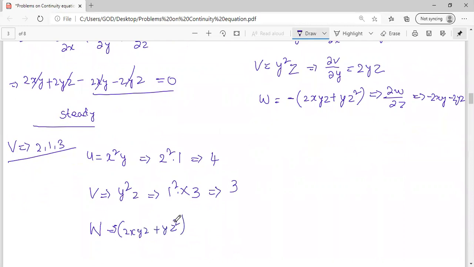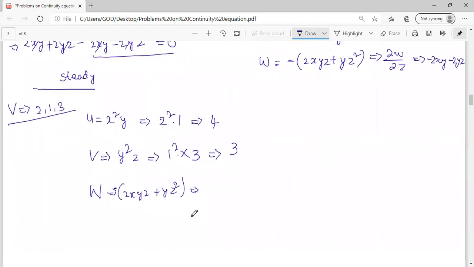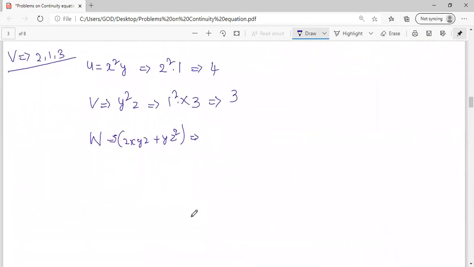So if we substitute the variables in the w component at 2 comma 1 comma 3, it comes out to be 2 into x is 2, into y is 1, and z is 3, minus of, again this is minus, y is 1 and z is 3 square, 1 into 3 square. If you calculate with the help of a calculator, it comes out to be minus 21.